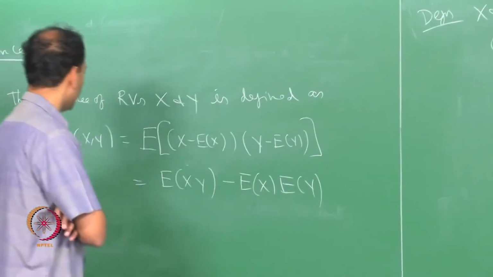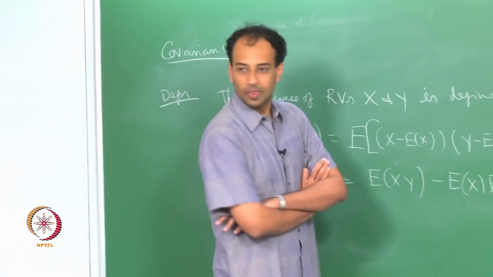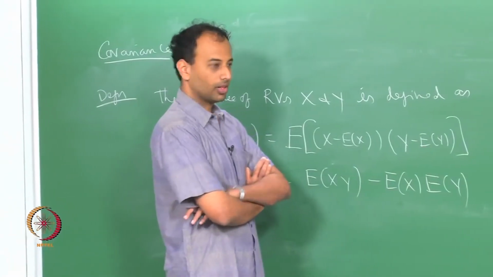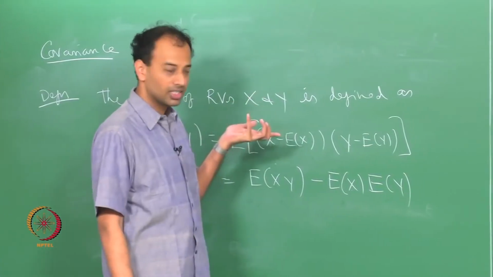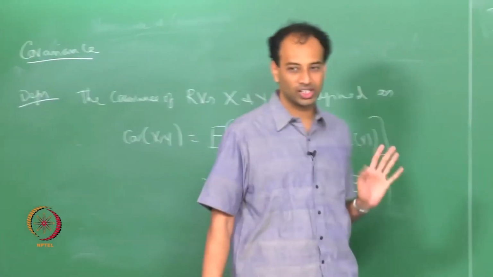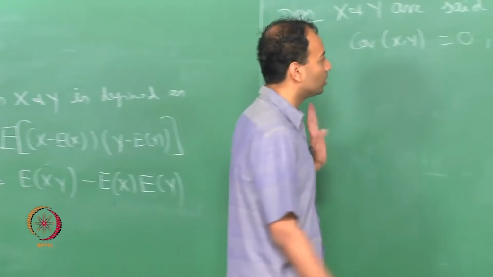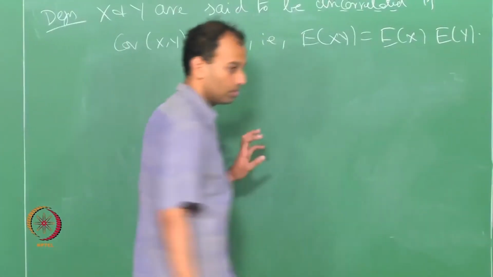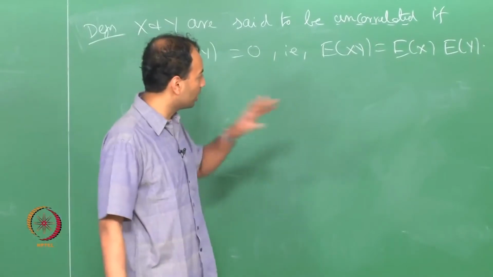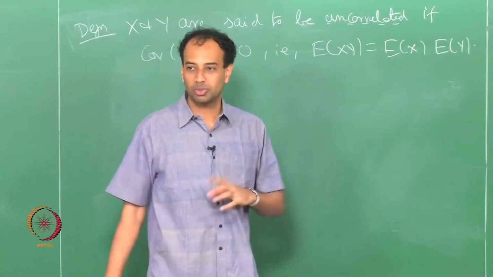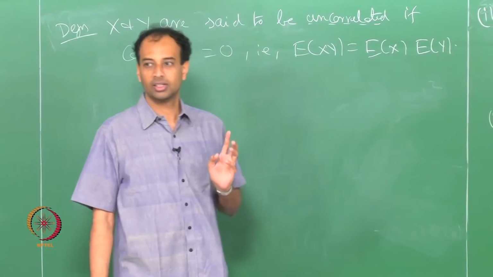So, if the covariance turns out to be 0, in such a case x and y are said to be uncorrelated. It is a new term you are learning.